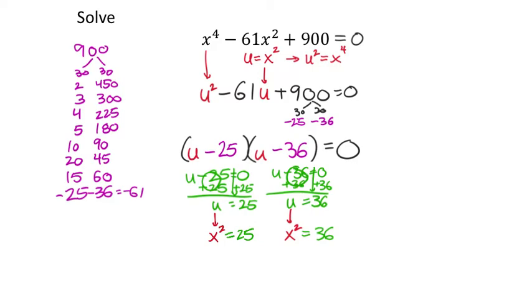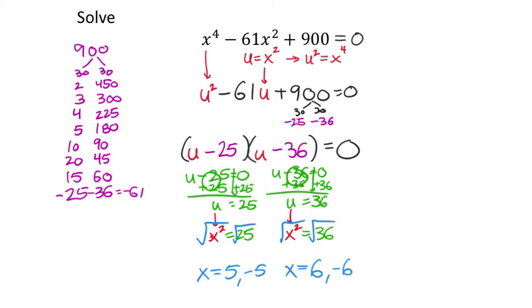So right here, to solve these, I would square root both of them. I would say x could be 5. And over here, if I square rooted both sides, x also could be 6. But we're square rooting from an x squared, so we don't actually just want the primary root. We need their opposites as well. So x could be 5 or negative 5, or x could be 6 or negative 6, right?